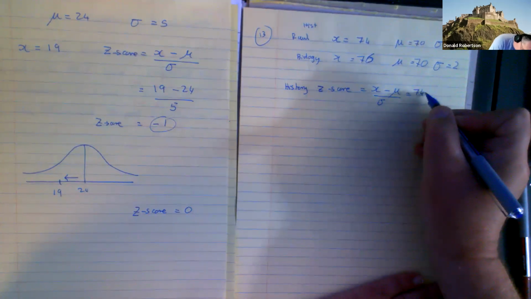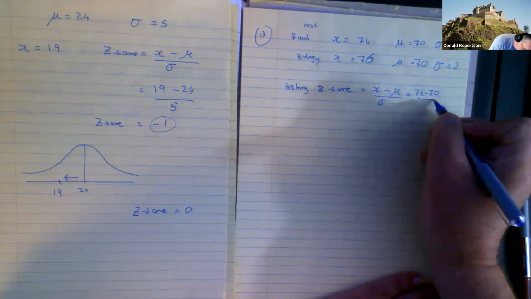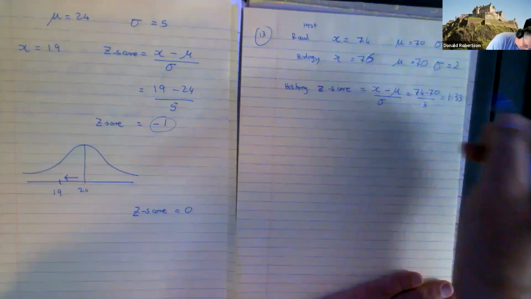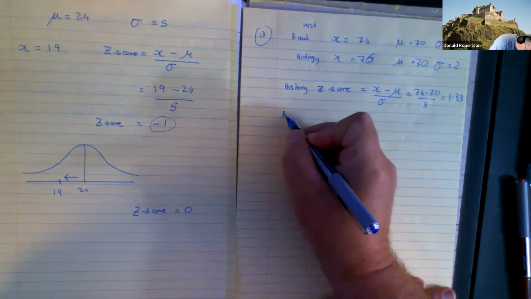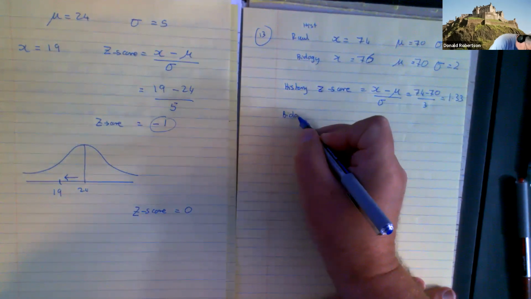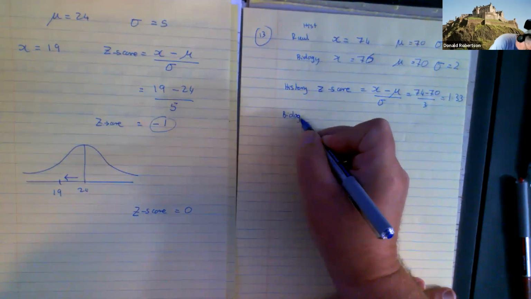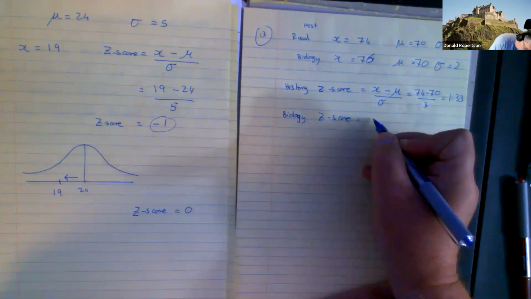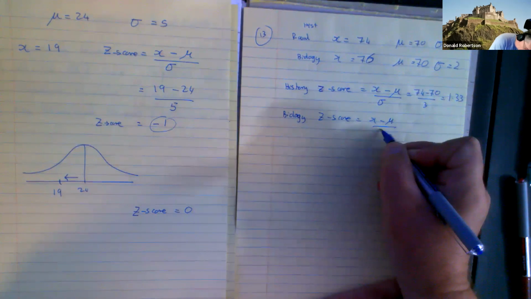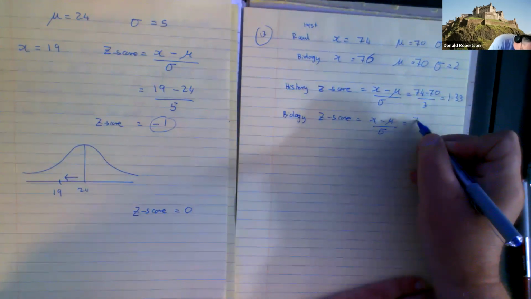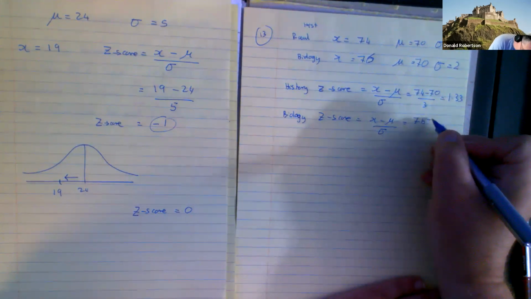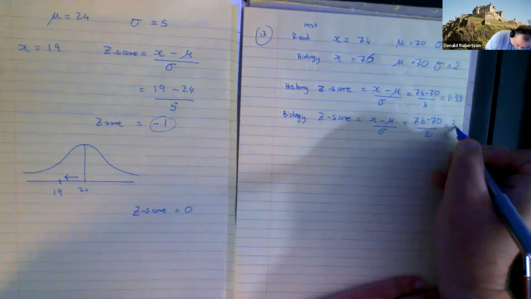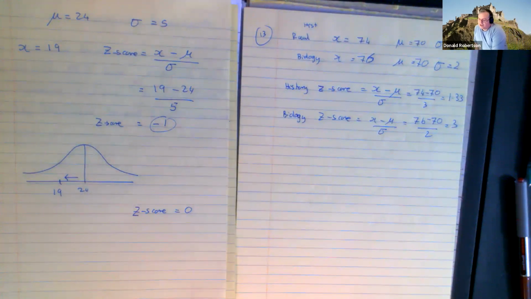He got 74, take away 70, divided by 3, which I believe is 1.33. And then if you look at the biology, the Z-score, same formula, but with slightly different numbers. 76, take away 70, divided by 2. I think there's a clear winner. Didn't he do better in biology?